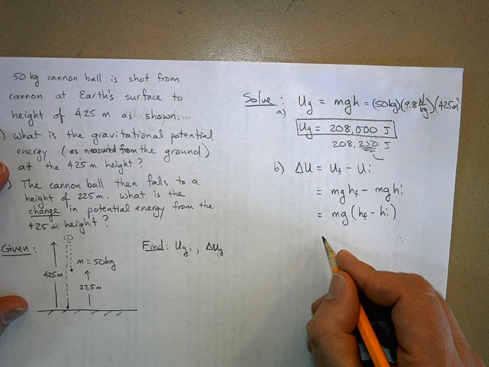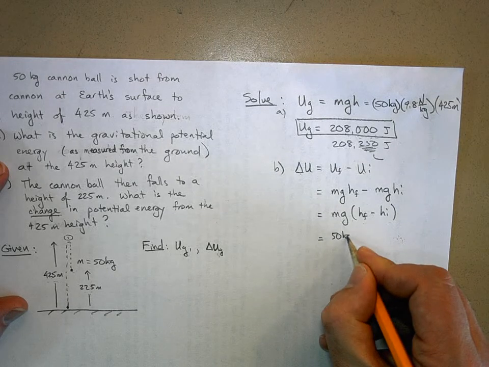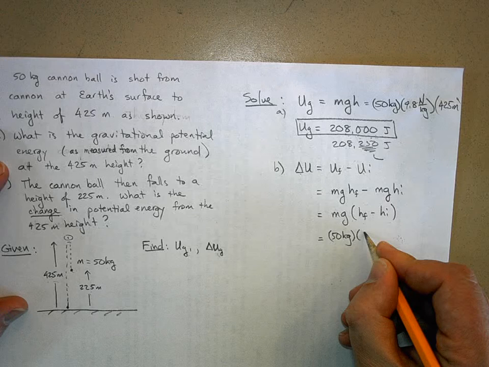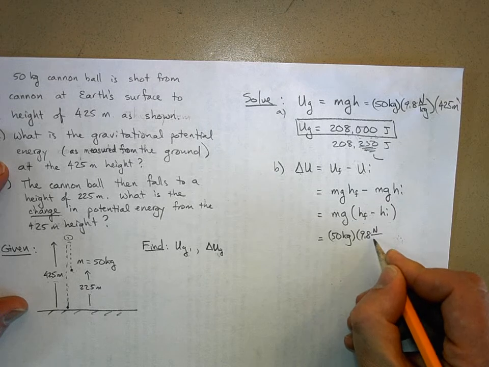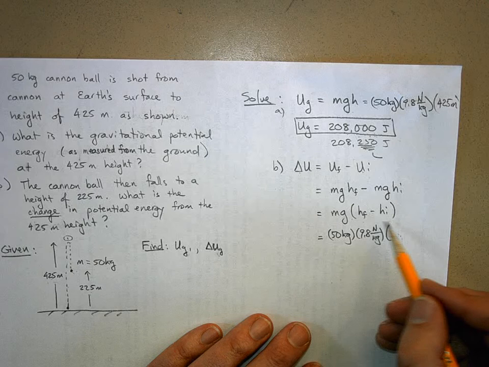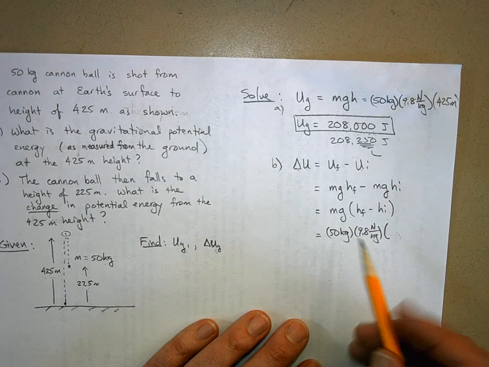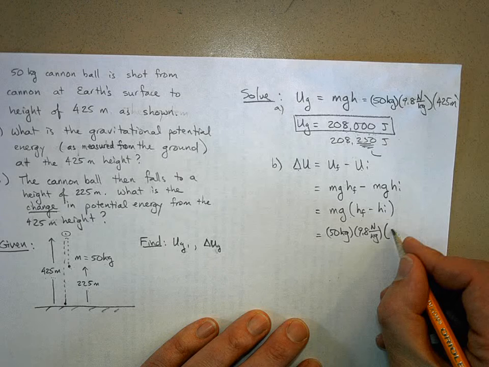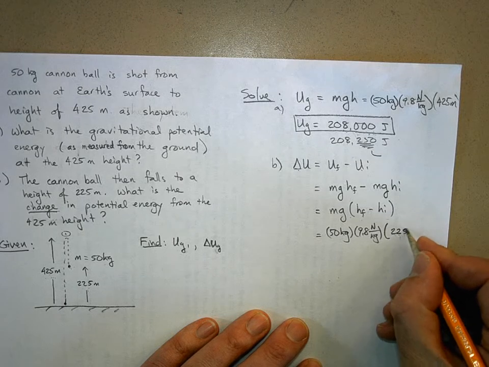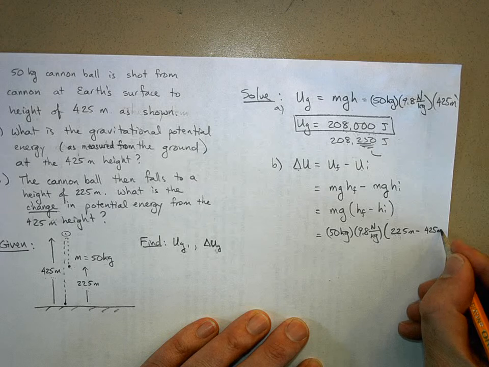Well, now I can plug in my heights. Well, this is 50 kilograms times 9.8 newtons of force per kilogram of mass. And you could use meters per second squared, I don't care. And then, well, what is h final? 225 meters minus 425 meters, right?